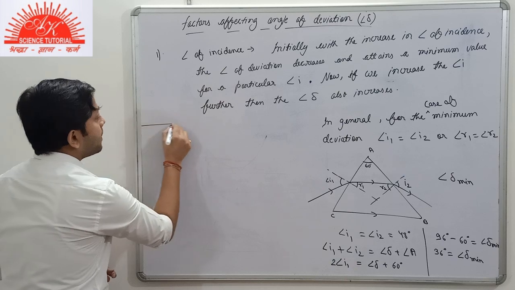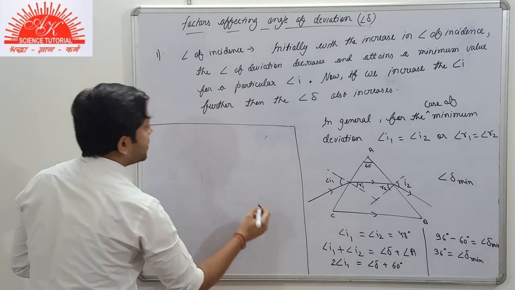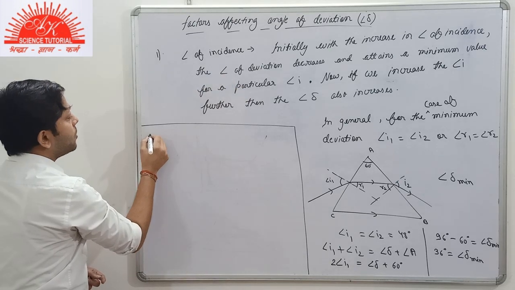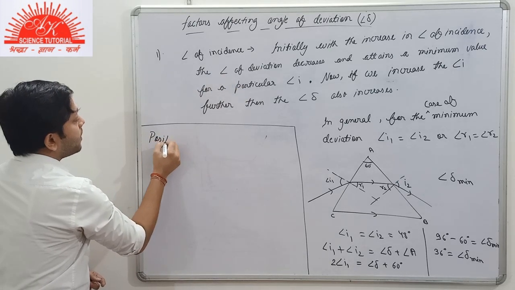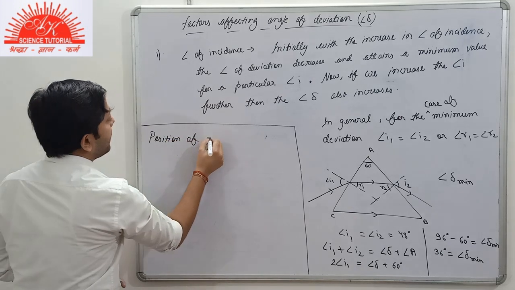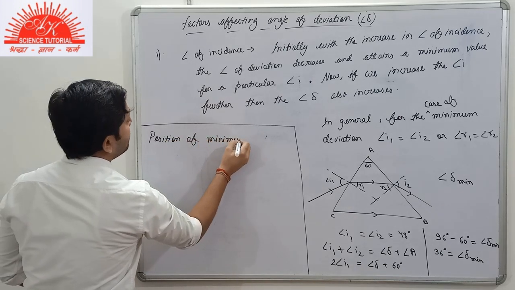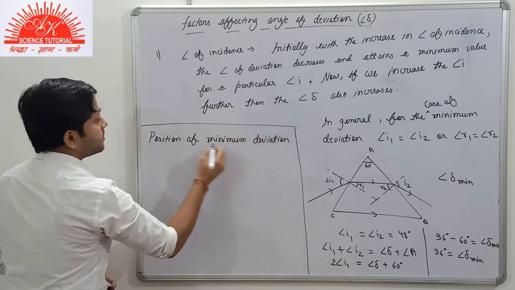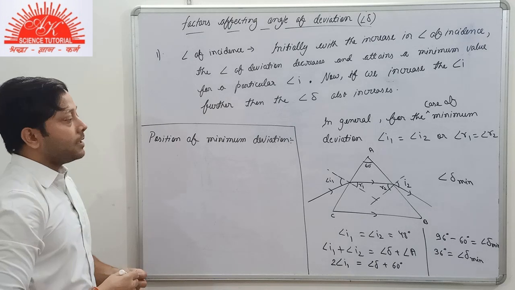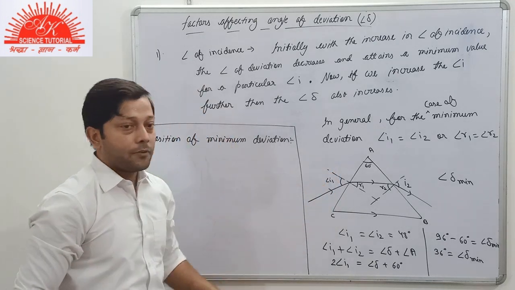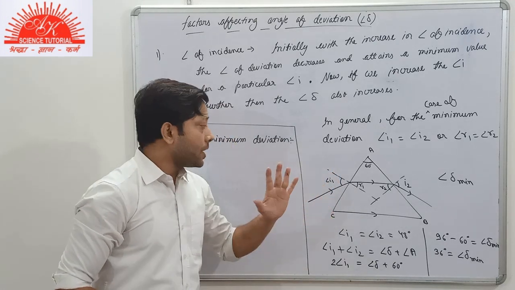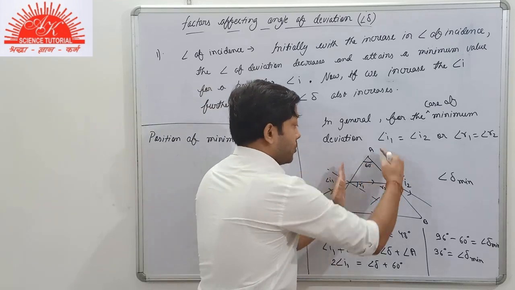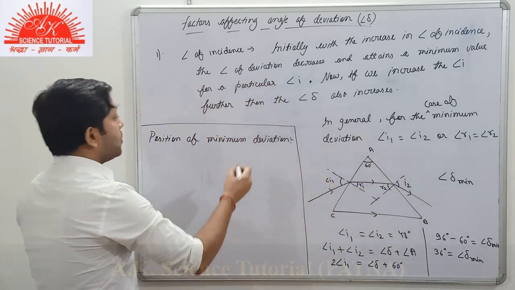And the last and important one in this particular factor is the position of minimum deviation. Now, obviously, we cannot control the light ray, we cannot control the incident ray, we cannot change the path of the incident ray, but we can change the position of the prism. So I'll define it here.